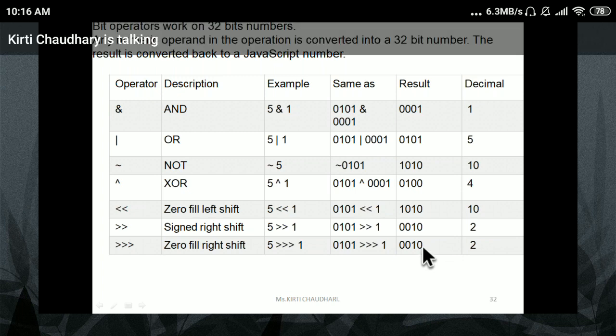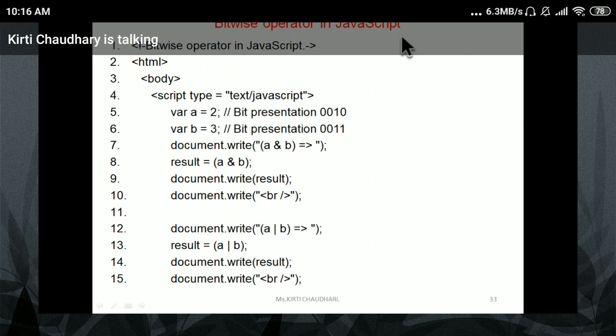Here, we will see a program on that. The numbers are displayed differently. I started my step where A equal to 2, B equal to 3. 2 is represented as 0010 and 3 is represented as 0011.